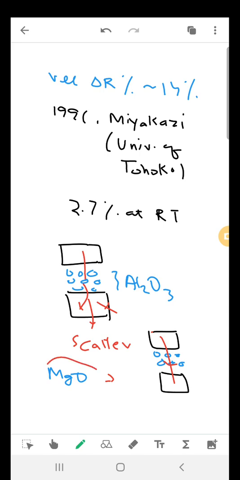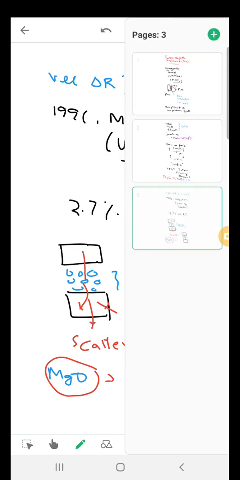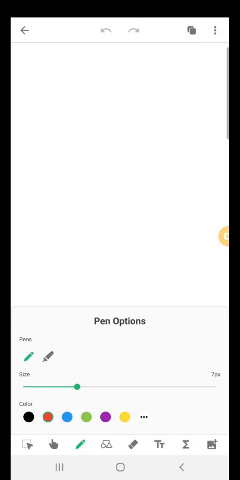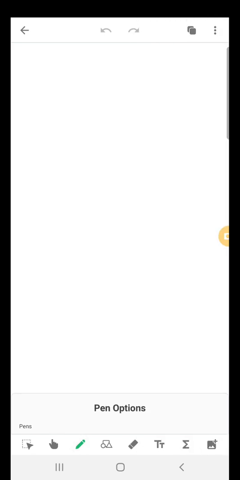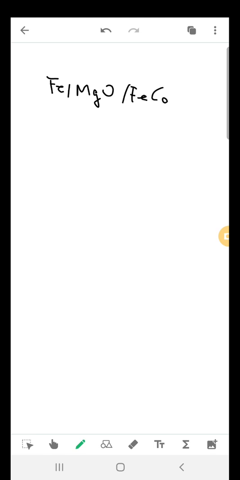That is why MgO was preferred as an insulating barrier, and tunnel magnetoresistance can reach several thousand percent. So they actually made a magnetic tunnel junction consisting of the following composition: Fe, magnesium oxide, then FeCo(001).